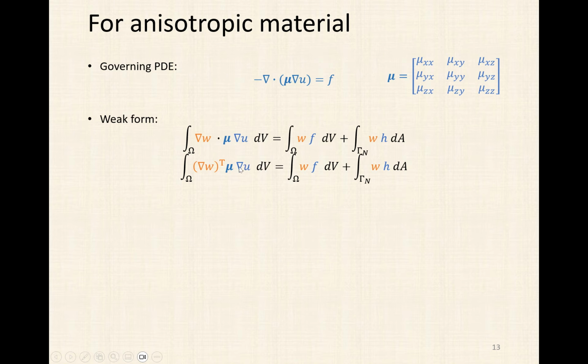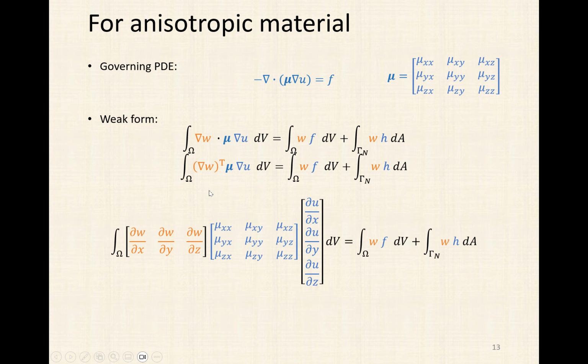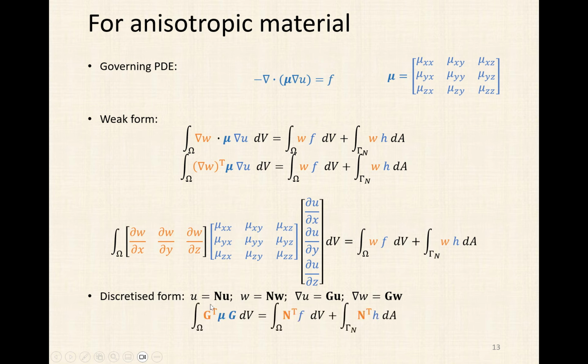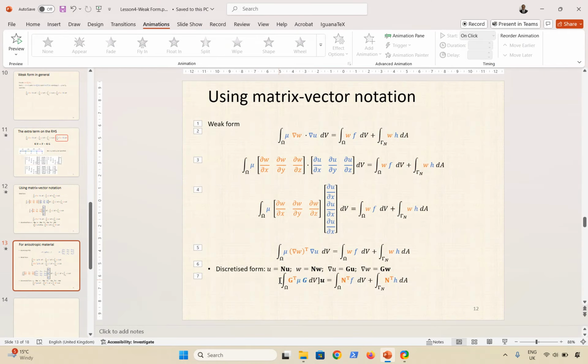So 1 by 3, 3 by 3, 3 by 1 gives 1 by 1, which should be a scalar. This is the beauty of writing it in matrix vector form. After discretization, we have the same expression again, G transpose mu G. So notice the error.